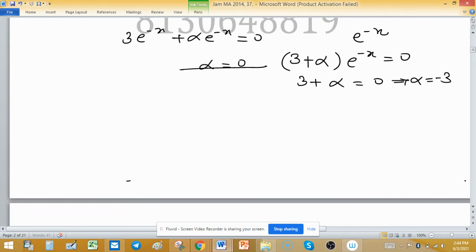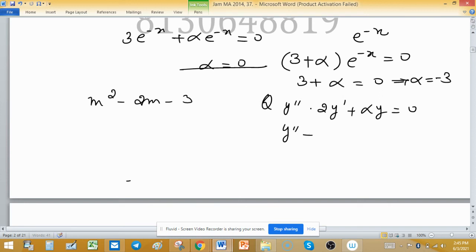If this problem says to find the general solution for Q, write the auxiliary equation for Q. Q was y double prime minus 2y prime plus alpha y is equal to 0. Replace alpha with minus 3, so y double prime minus 2y prime minus 3y is equal to 0.